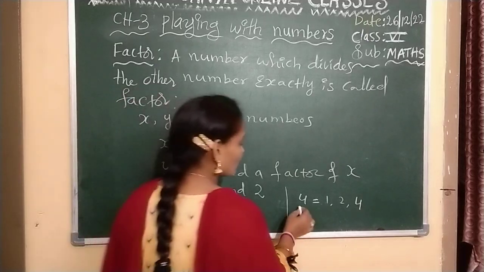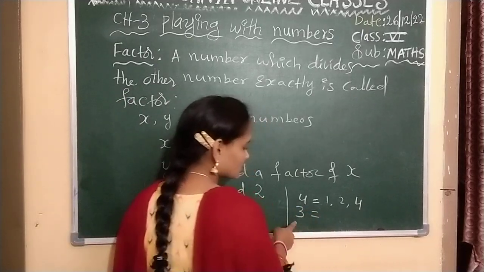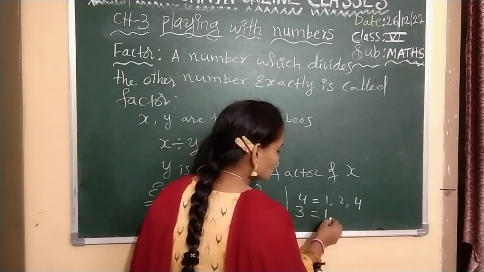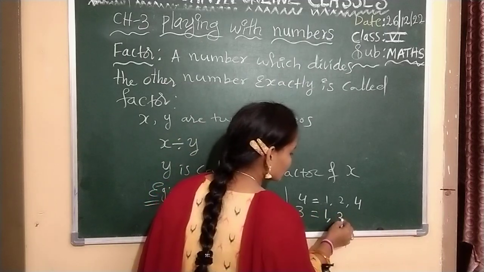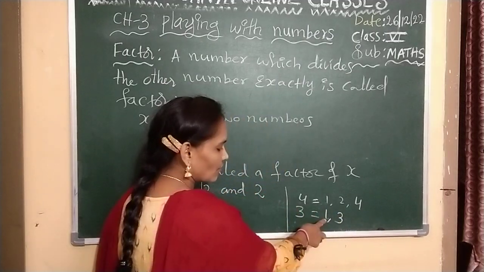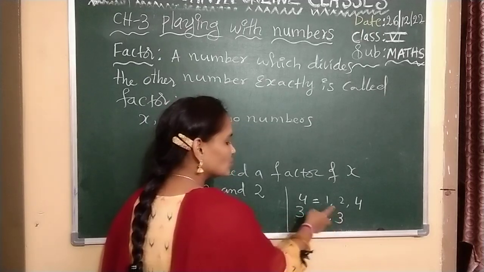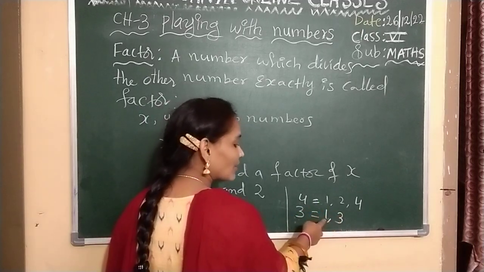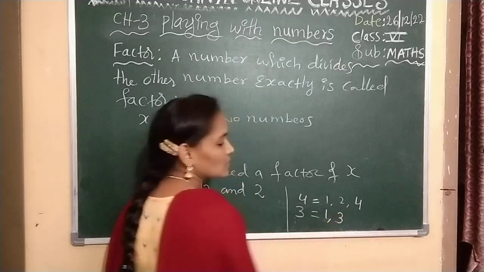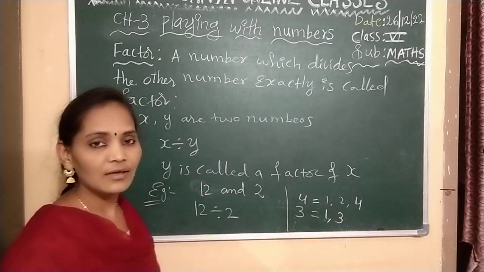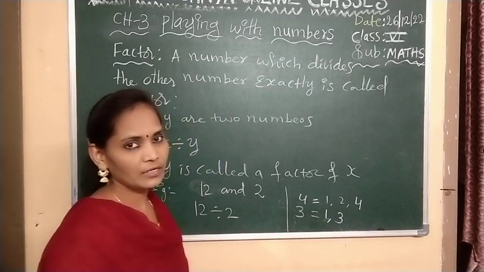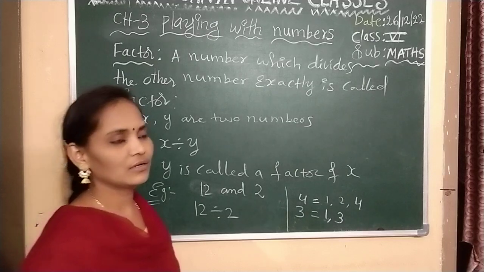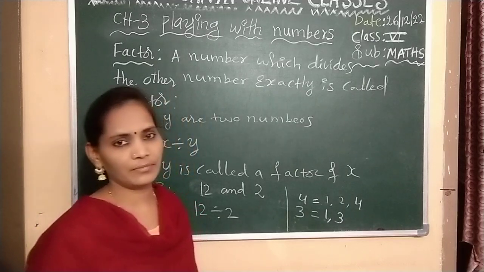One more example: let us take 3. Factors of 3: 1, 3. 1 is a factor of 3 and 3 is also a factor of 3. 1 is the smallest factor, and 3, the number itself, is the greatest factor. Likewise, we can write factors of any given number.